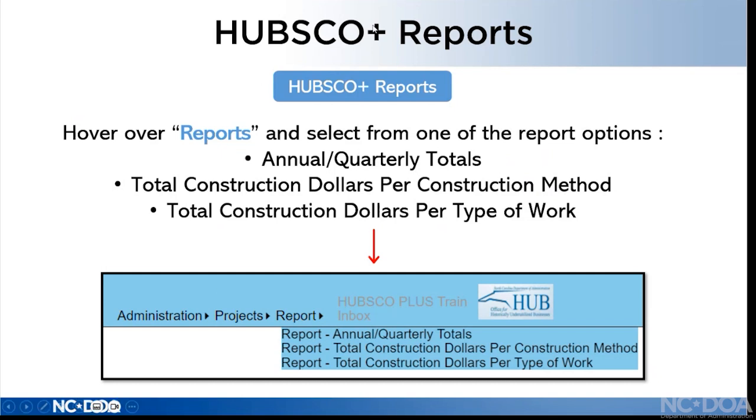So the reports: when you're navigating in HUBSCO Plus, up at this top blue bar, hover over the word report, and then you select the report that you want. There are annual quarterly totals that you can select. You can look at the total construction dollars per construction method, and you can do total construction dollars per type of work.